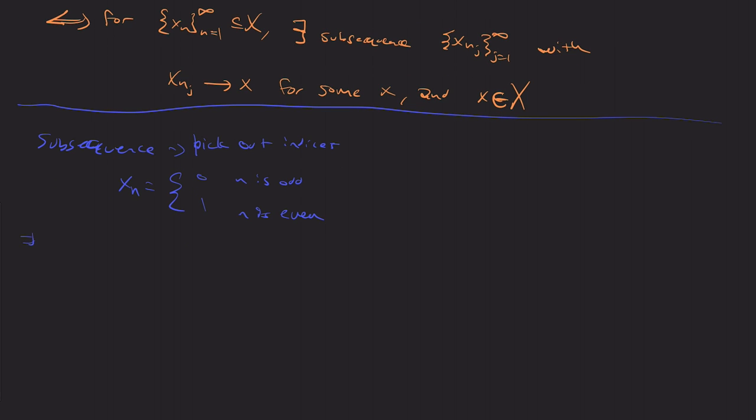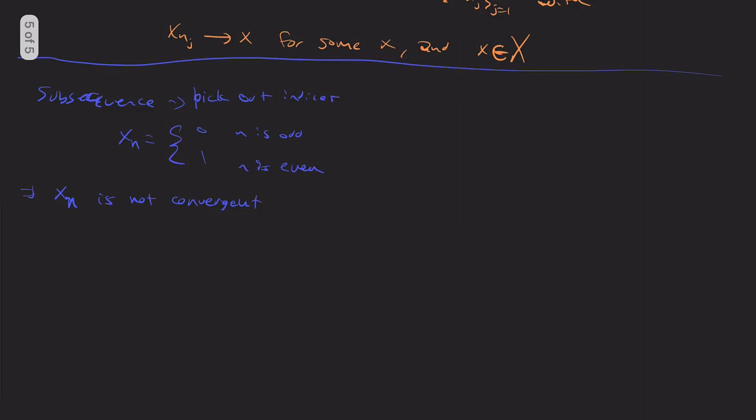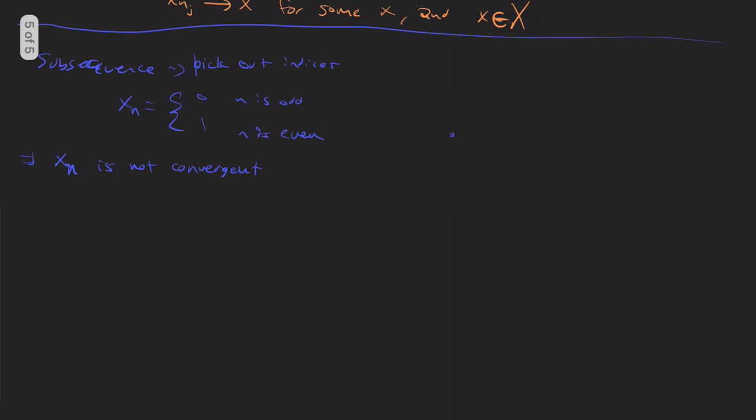So clearly, and you can think about this if it isn't clear to you, this is not a convergent sequence. You're bouncing between 0 and 1 a bunch of times. So this is the sequence 0, 1, 0, 1, 0, 1 forever. It doesn't converge. But there's a subsequence that converges. That's what's important here.